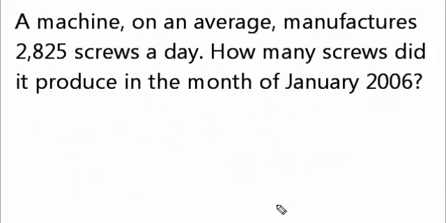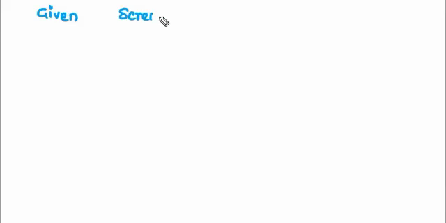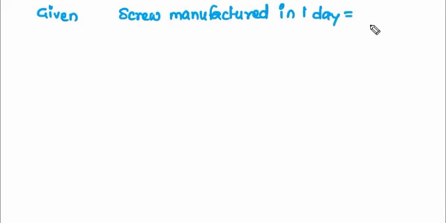Let's do one more. A machine on an average manufactures 2,825 screws a day. How many screws did it produce in the month of January 2006? So givens. Screws manufactured in one day is equal to 2,825. Now days in January 2006.